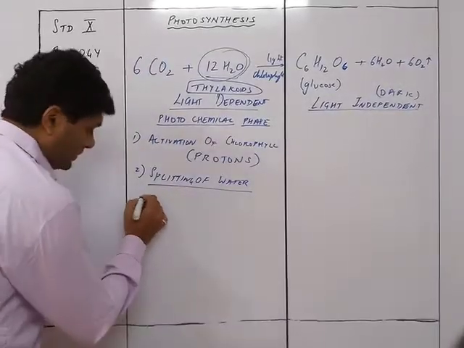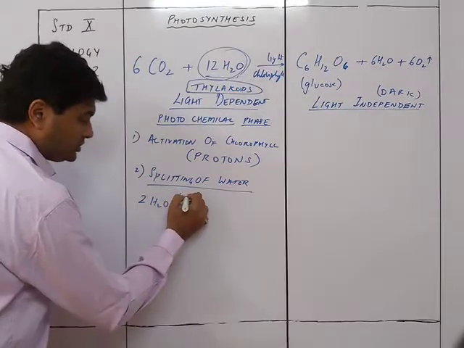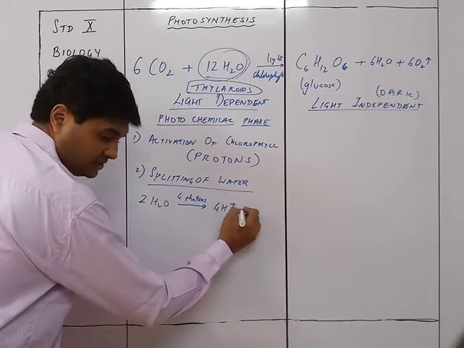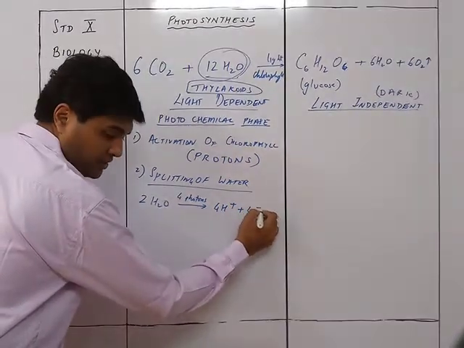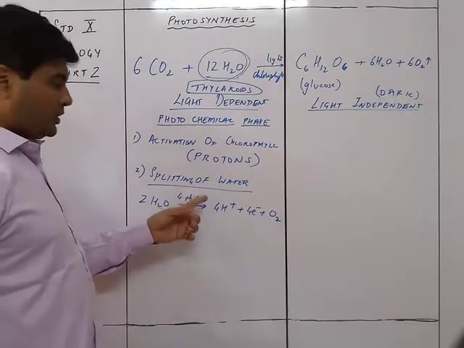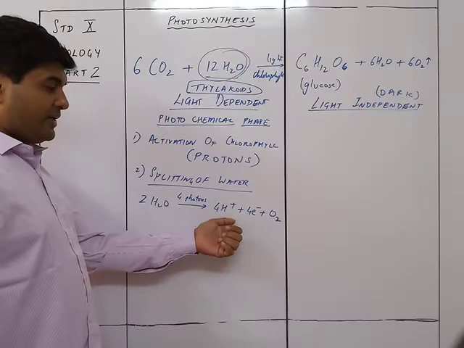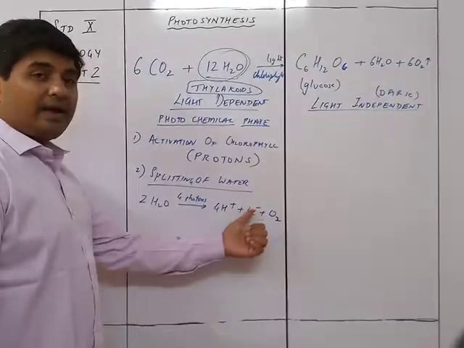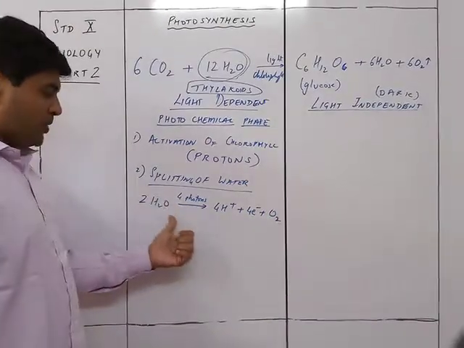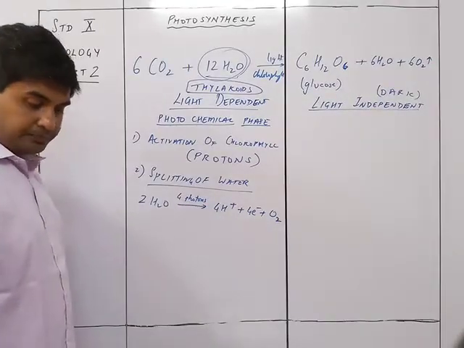That's why we have the equation 2H2O, under the action of 4 photons, becomes 4 hydrogen ions plus 4 electrons plus O2. The electrons of the hydrogen are lost, and oxygen is formed as O2 from two molecules of water and given out.